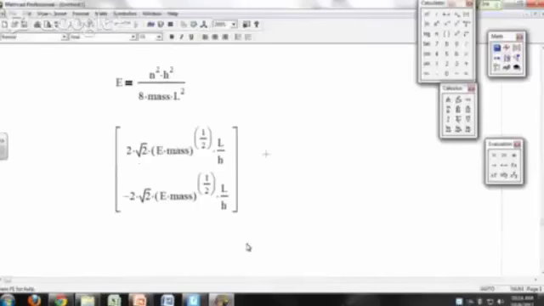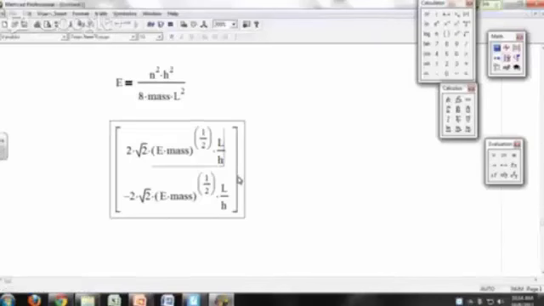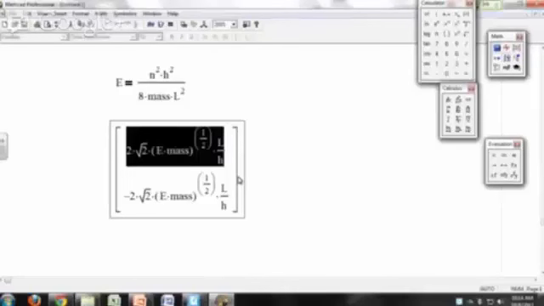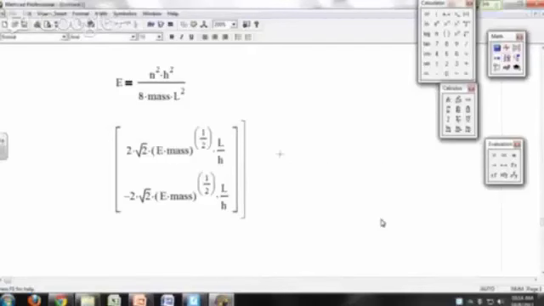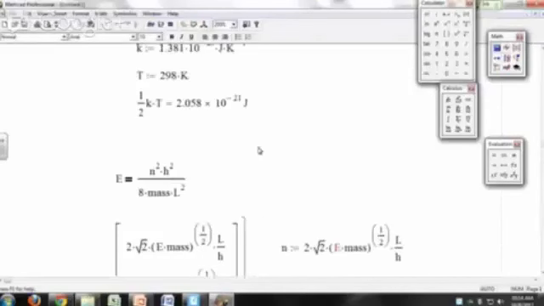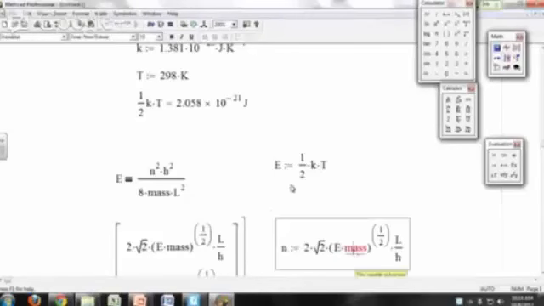It gives you two possible values for N, a positive and a negative value, because you have an N squared there. So let's put that as your N. And what did we say our energy was? 1/2 kT. So we now know our energy.